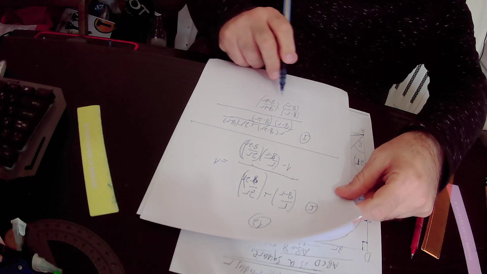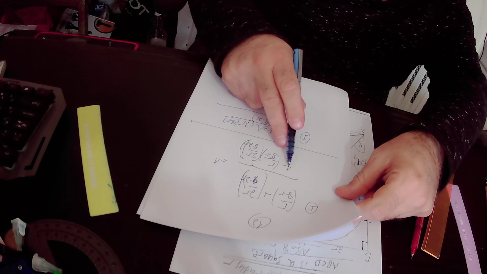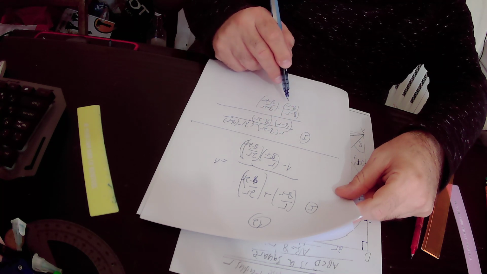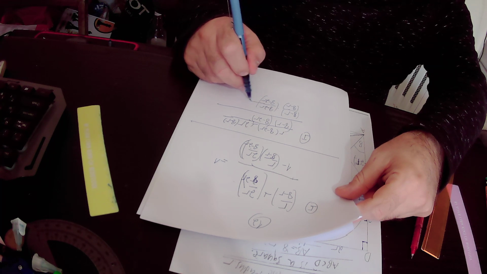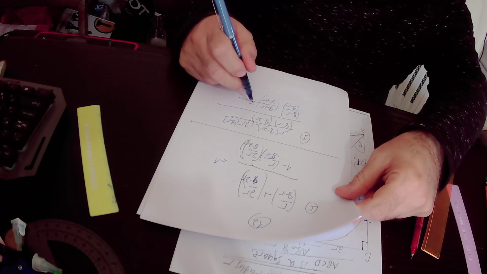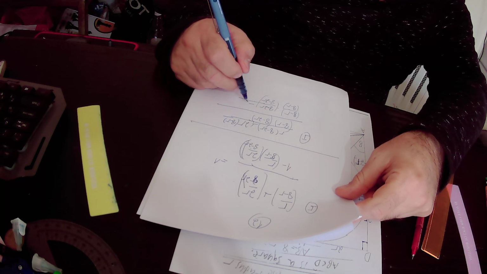So this expression equals 1, so we substitute 1 here by this expression, and we must also subtract r times 2r, that is 2r squared.